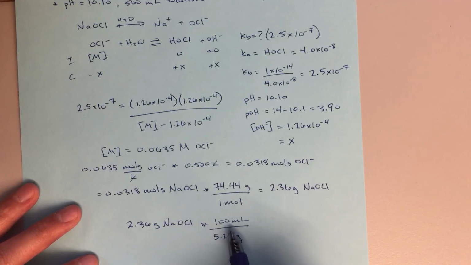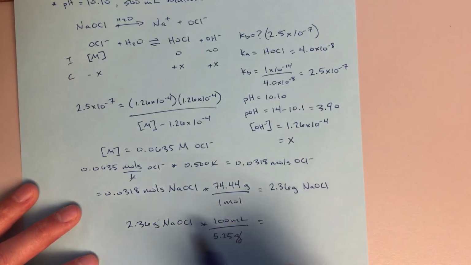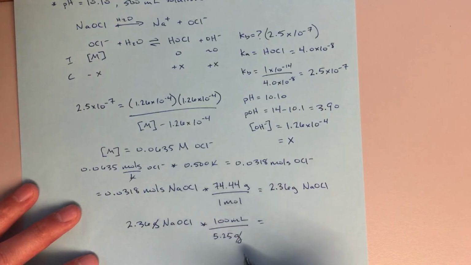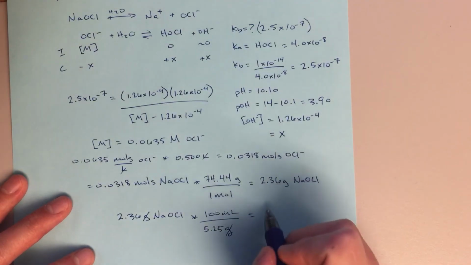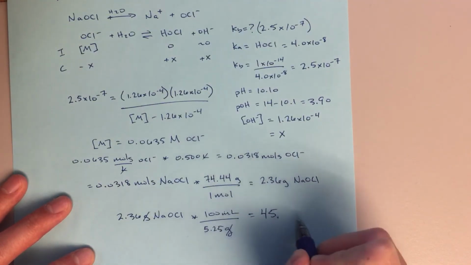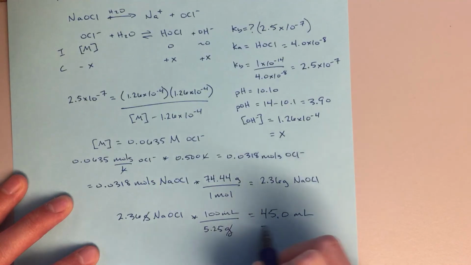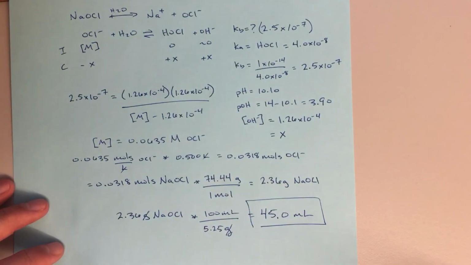Again, this means in 100 milliliters of solution, I will have 5.25 grams. And I'm going to use this conversion factor, cancel out my grams, to figure out the volume of bleach that would contain 2.36 grams of sodium hypochlorite. So that is 45.0 milliliters. And that's my final answer.